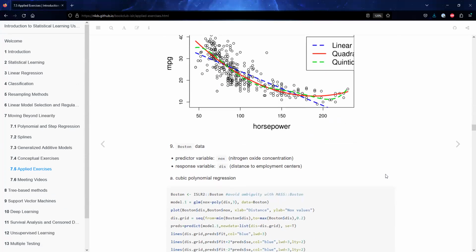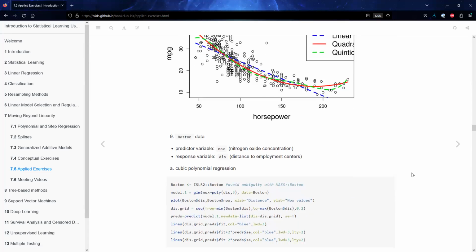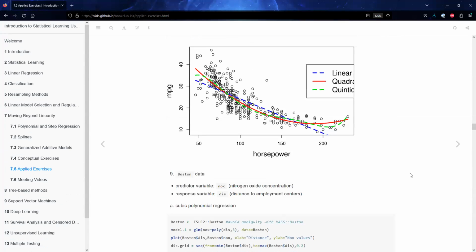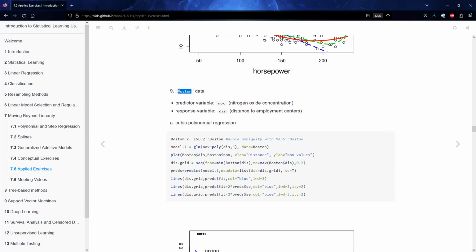All right, we're going to move on to problem 9, which I think was the longest one. The Boston data, if I remember correctly, 1970s housing data, trying to get a sense of what causes some locations to have low rent prices, what causes some locations to have high rent prices.